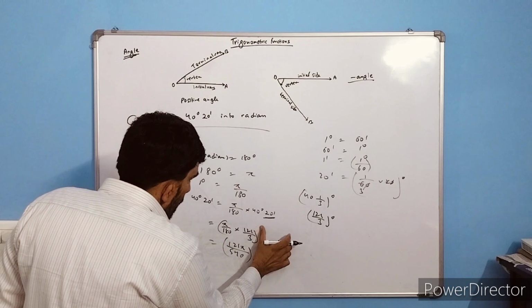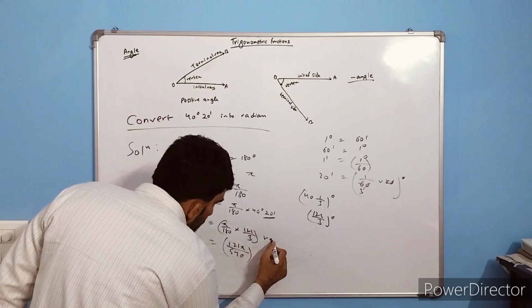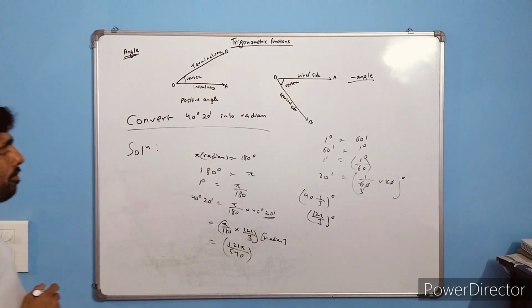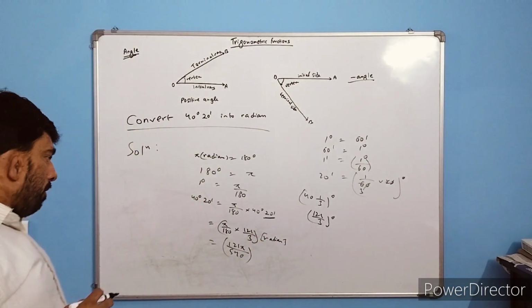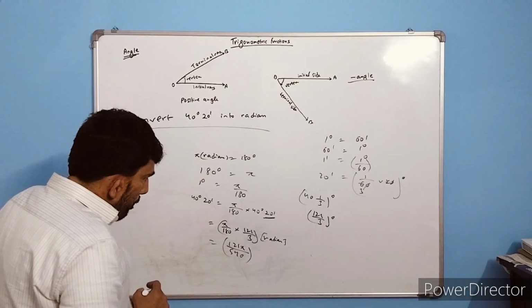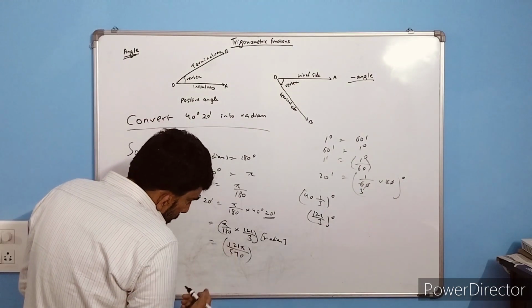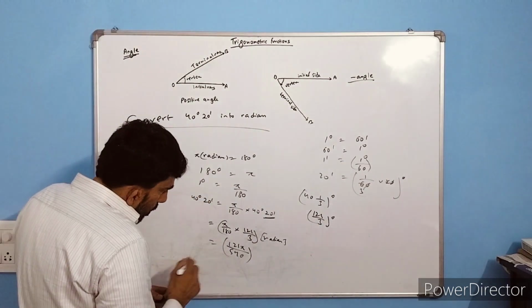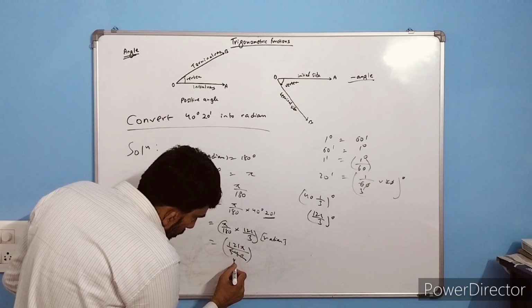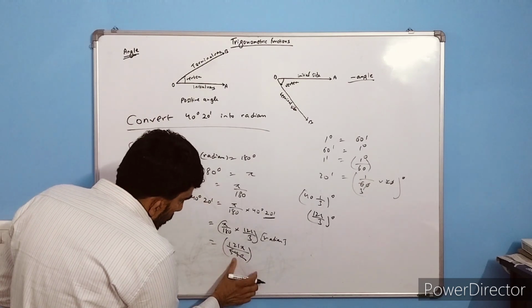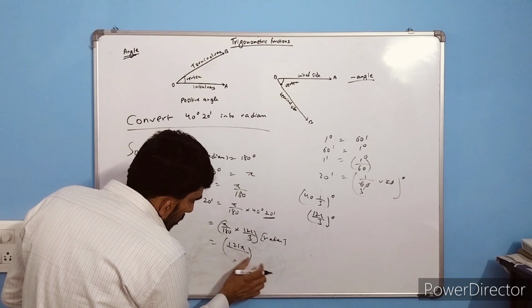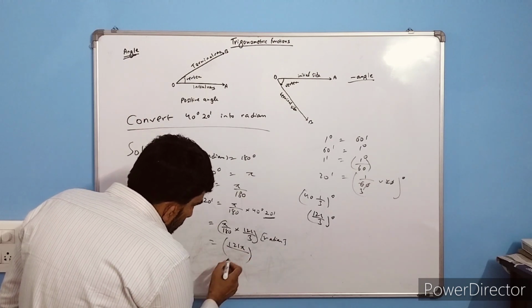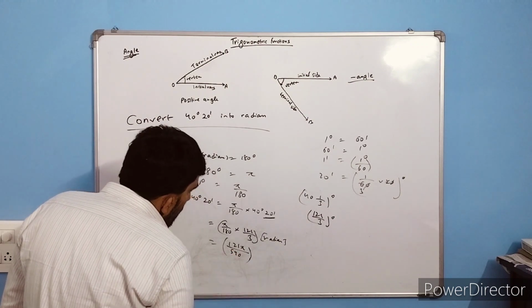It is ready now. You can simplify further if you need to. If I divide by 11, is it possible? No, you will not get a straight answer, so we can simply leave it like this.